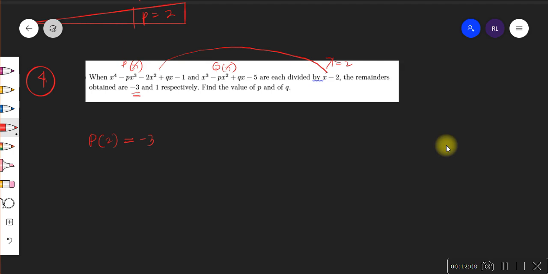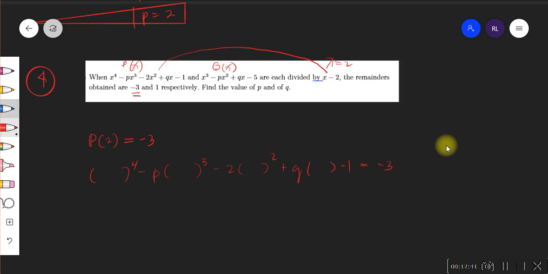So what does it tell us? It will be, let me just move the equal sign, even if it's not in column. So we'll have x raised to 4 minus px raised to 3 minus 2x squared plus q times x minus 1. If we're going to substitute 2 here, the result is just negative 3.